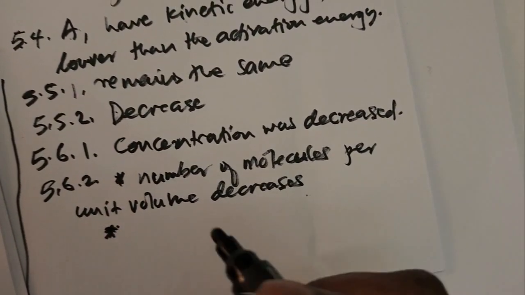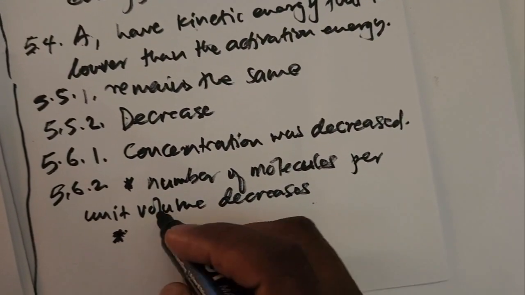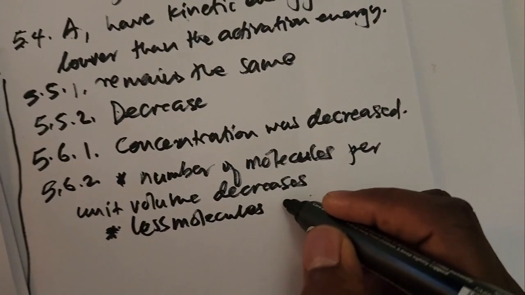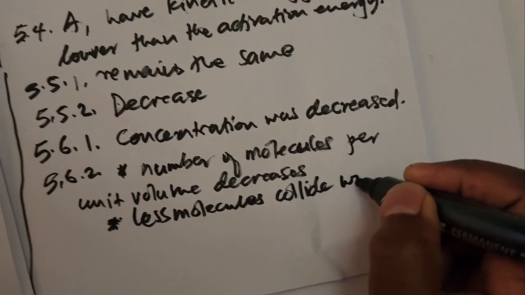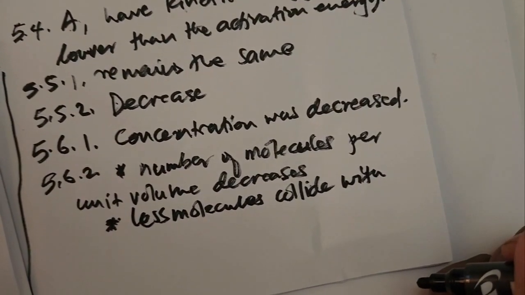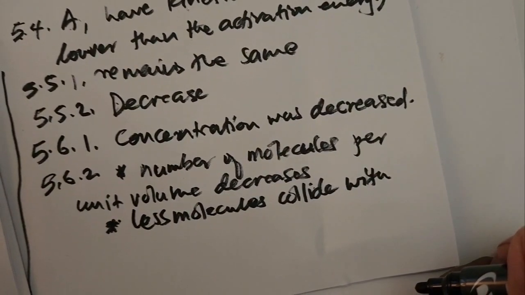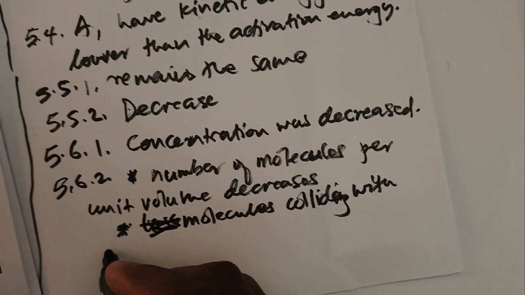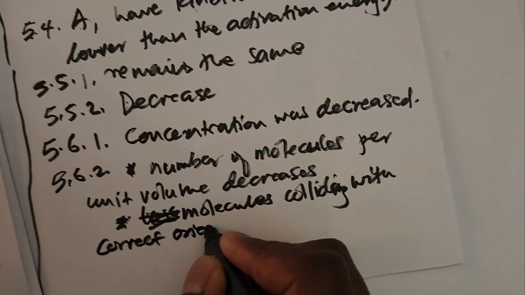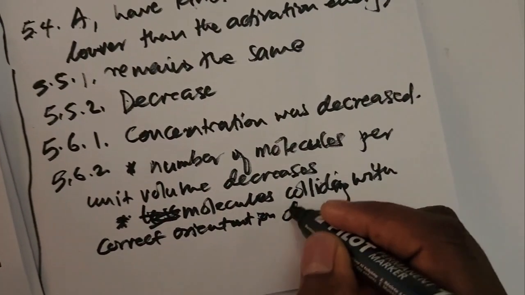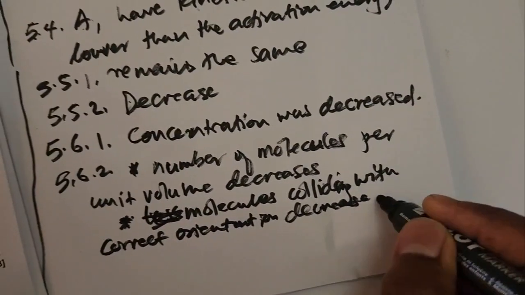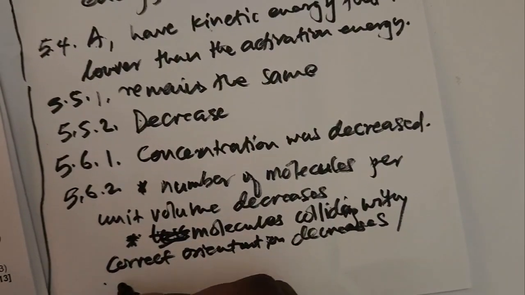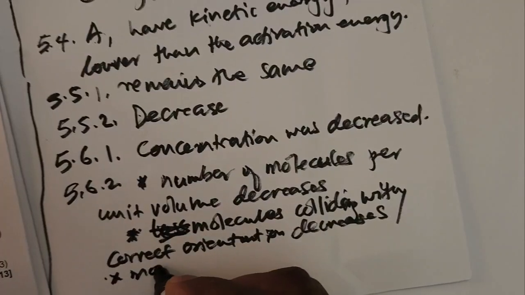Once there are fewer molecules, it means that fewer molecules collide, so the number of molecules colliding with correct orientation decreases, or you can say fewer molecules with enough kinetic energy.